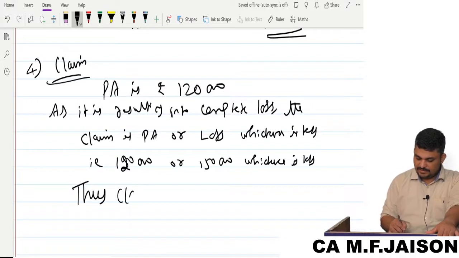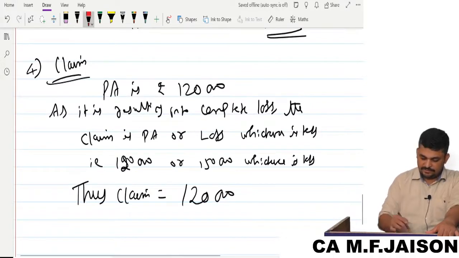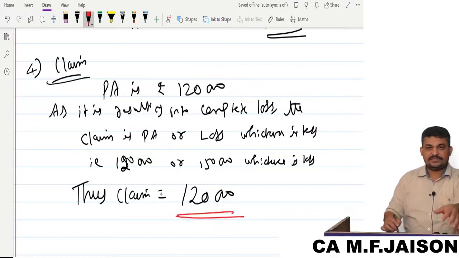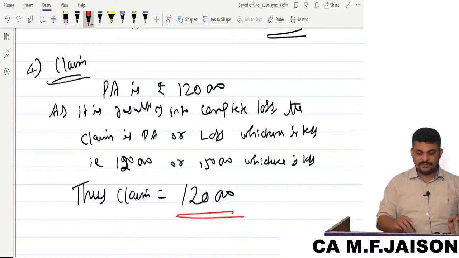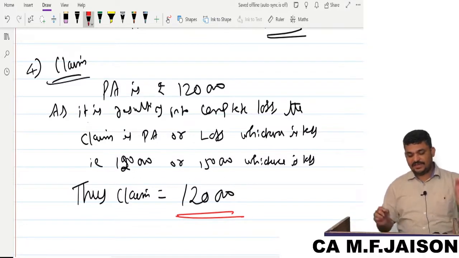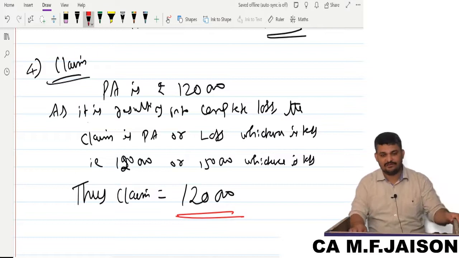Thus, claim is equal to 1,20,000. Anyway, these scribblings you may not be understanding, so I will read once again. Policy amount is 1,20,000. As it is resulting in complete loss, the claim is policy amount or loss, whichever is less. That is 1,20,000 or 1,50,000, whichever is less. Thus, claim is equal to 1,20,000.